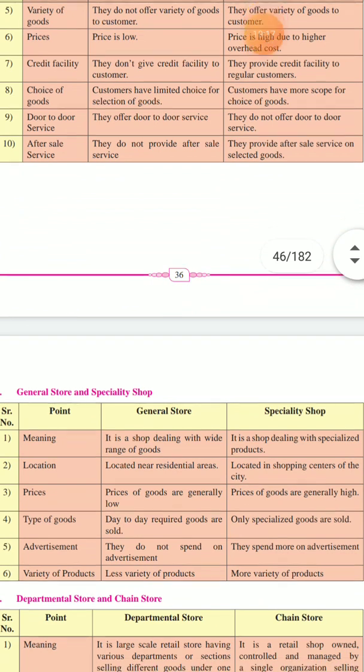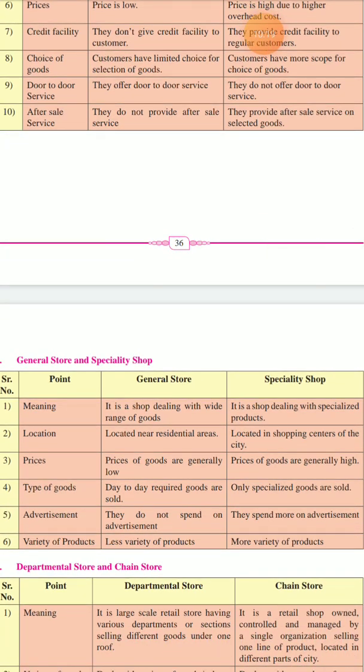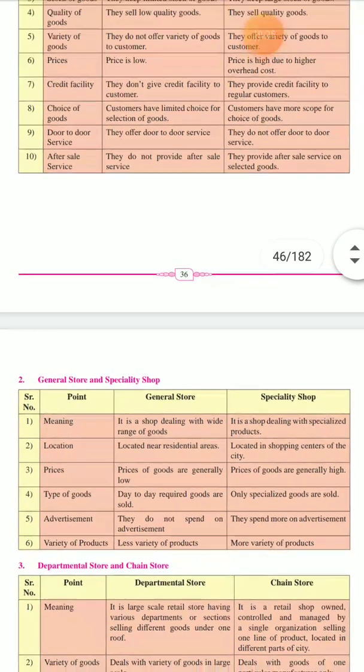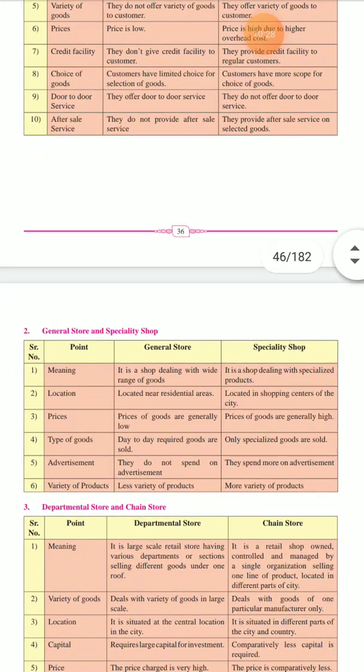Okay, next, general store and specialty shop. Now general stores and specialty shop, what is the difference? Okay, so general stores and specialty shops are fixed shop retailers. They have a fixed place of business, meaning this shop deals with a wide range of goods.